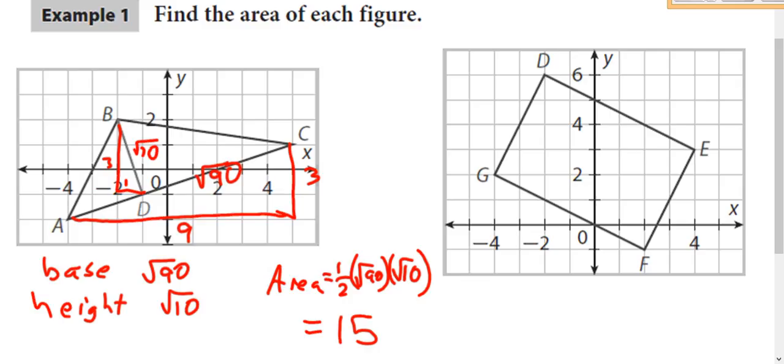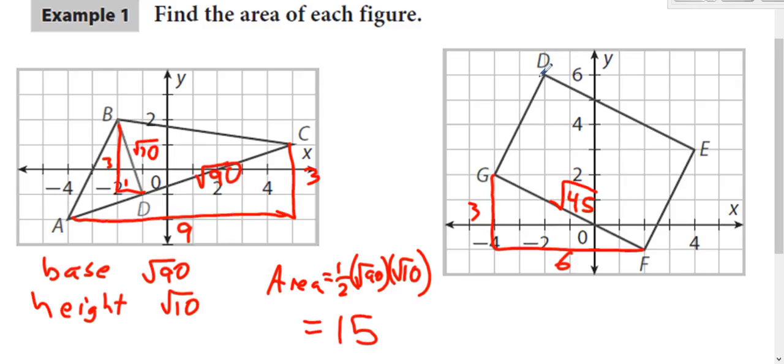So to find the area of this rectangle, you need the base and the height. So we need this side length here. That's got a length of 3 and 1, 2, 3, 4, 5, 6. So 3 squared plus 6 squared, that's 9 plus 36 is 45. So the base right there has got a length of square root of 45.